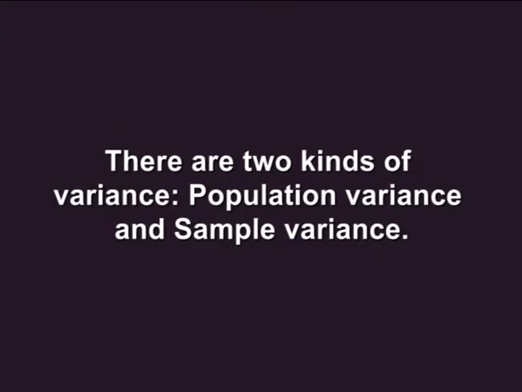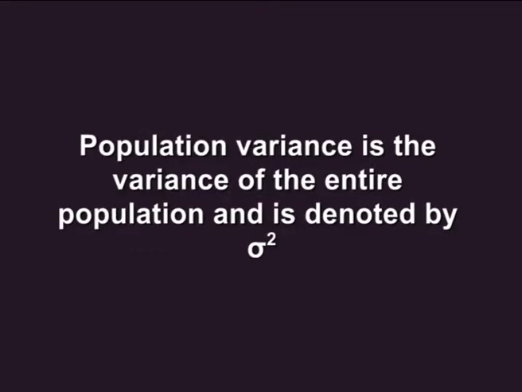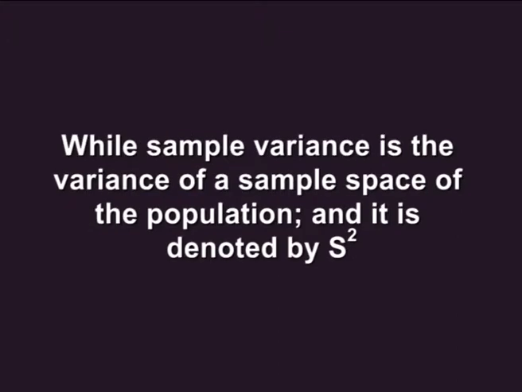There are two kinds of variances: population variance and sample variance. Population variance is the variance of the entire population and is denoted by sigma squared, while sample variance is the variance of a sample of the population and it is denoted by capital S squared.